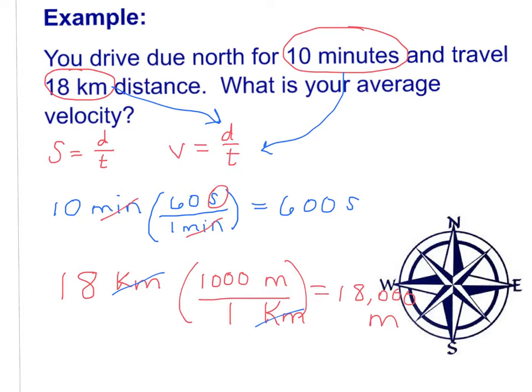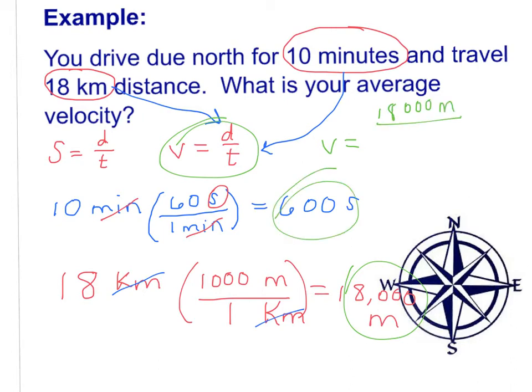So now I can turn this into a plug and check problem. It's really easy. I'm going to take my equation now. I can put in distance on the top, distance of 18,000 meters, and I can put time on the bottom. I've just calculated that, 600 seconds.